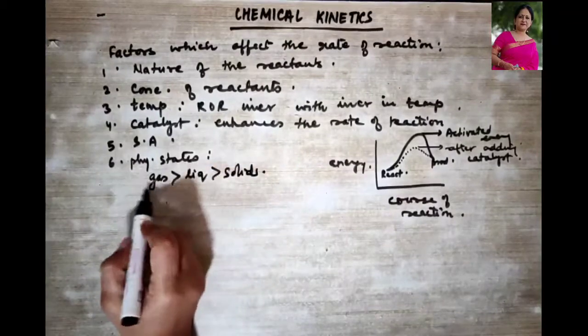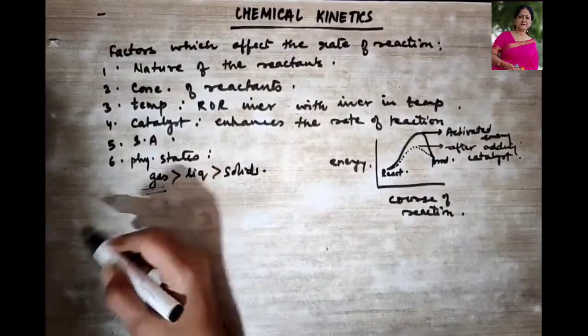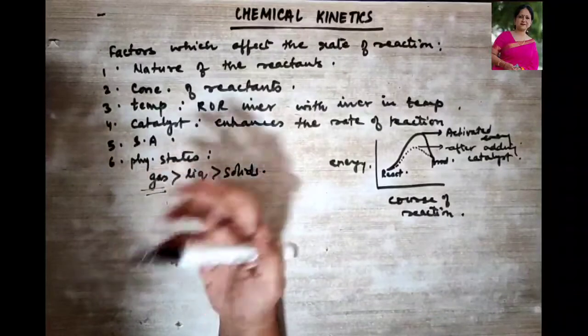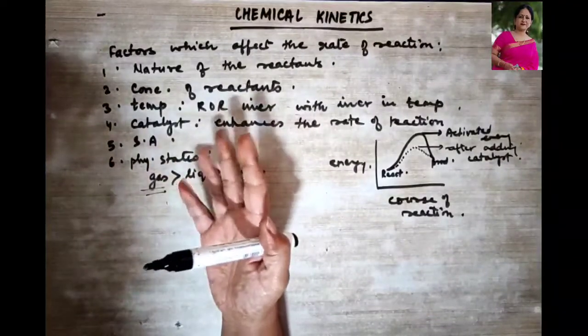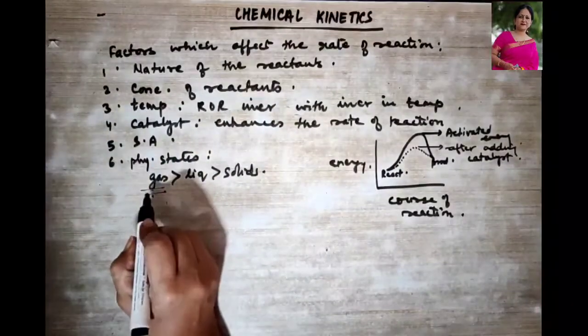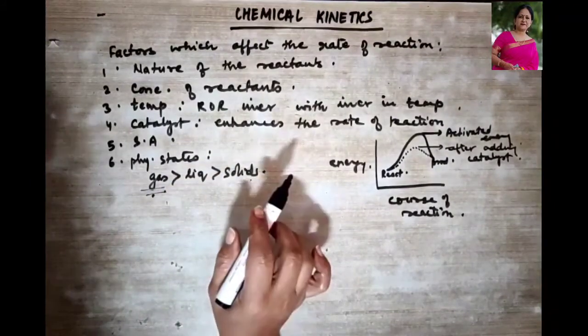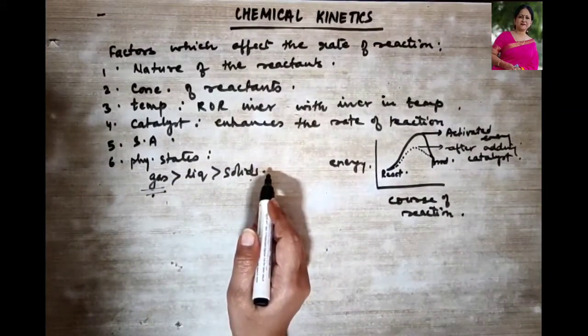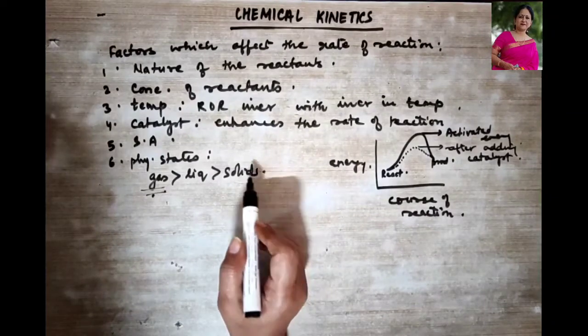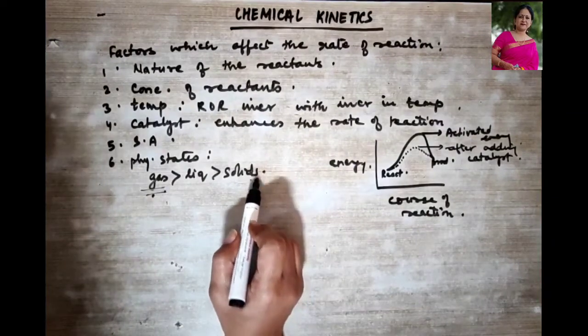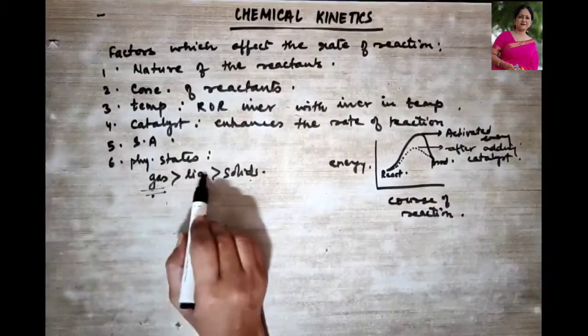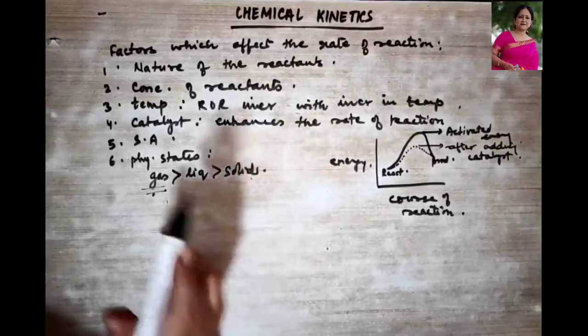Now why so? In gases, due to random motion of molecules, collision occurs faster and therefore it favors rate of reaction. Whereas in solid, the collision is minimum. So molecules are packed and therefore rate of reaction is much slower as compared to gases and liquids, okay?